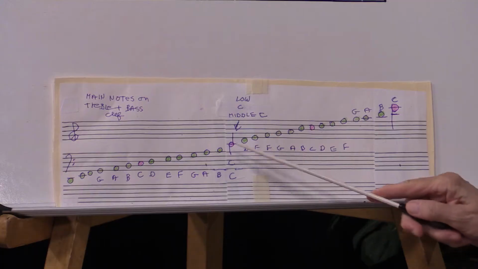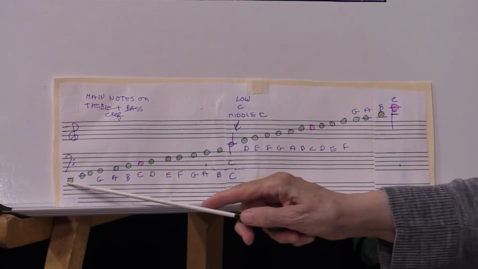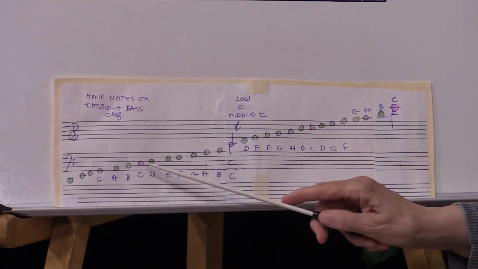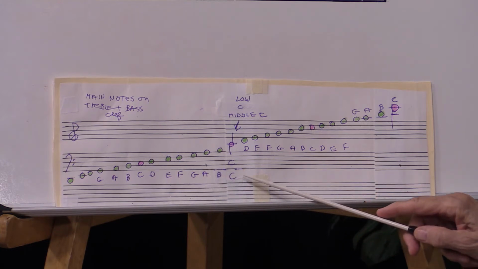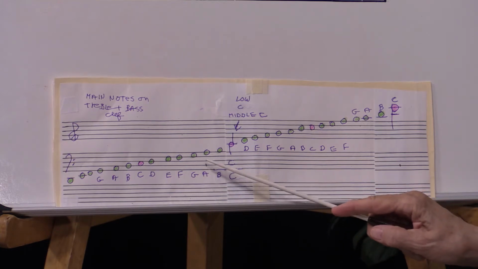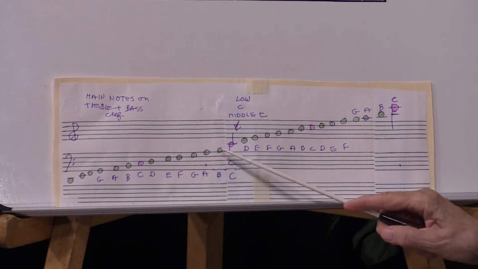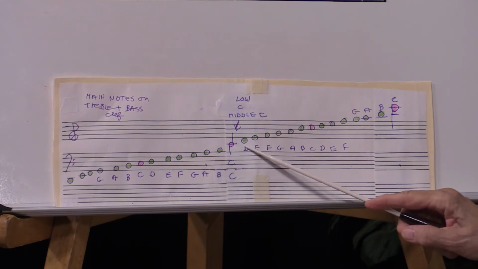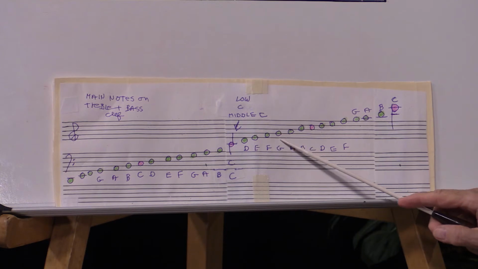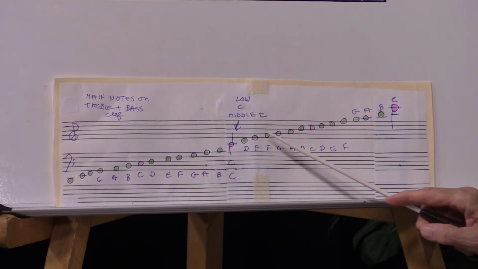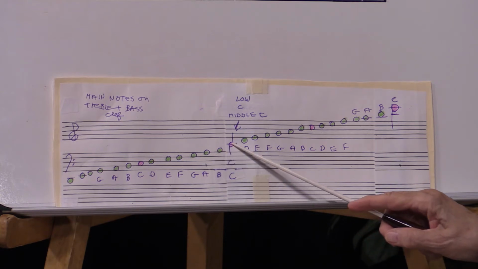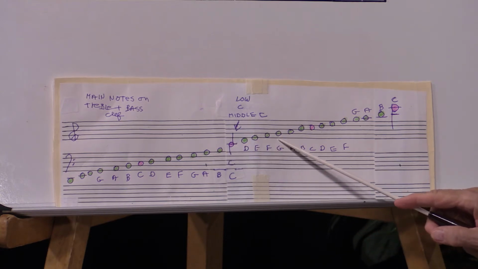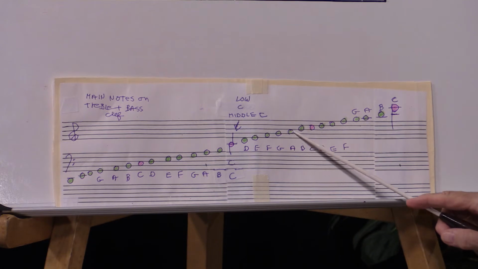Now, on the bass clef, you have that range all the way down: G, A, B, C, D, E, F, G, A, B, C. Now, if I wanted to, I could play G, A, B, C, D, E, F, G. Or I could start with the A. The A is right here. A, B, C, D, E, F, G, and then it switches off to an A again, because that's the way we hear it.